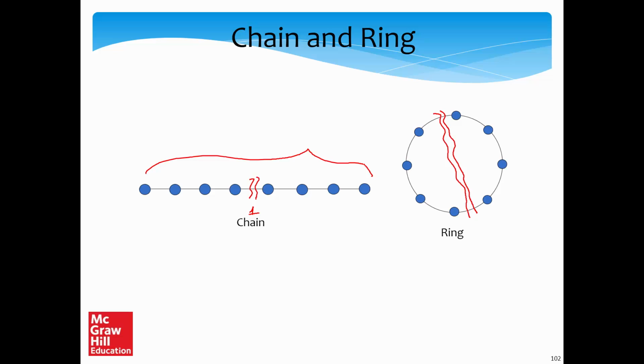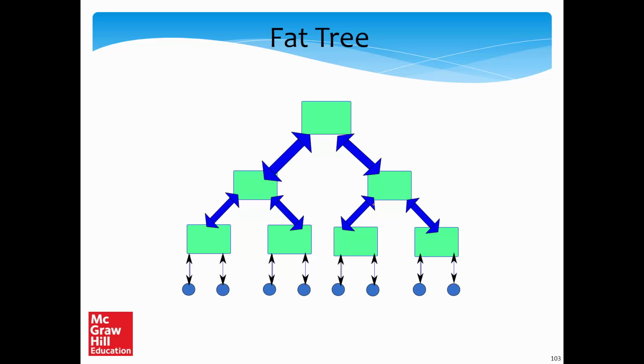The diameter is also not n, it is closer to n by 2, because we can either traverse this way or the other way. So roughly, these are approximate figures, 2 and n by 2, which is better than a chain. So a ring can be preferable in some situations, especially when we don't have many nodes.